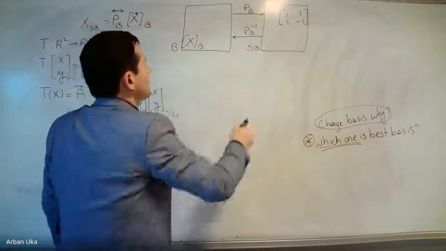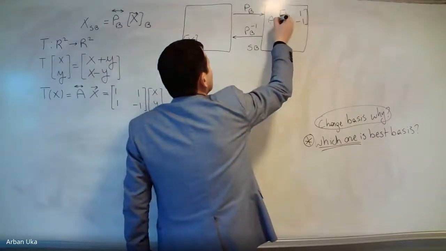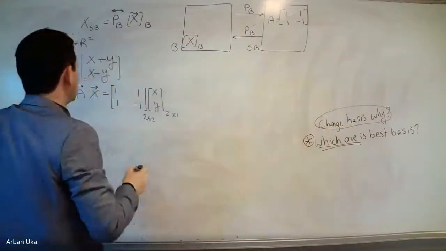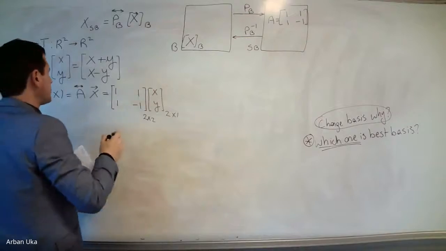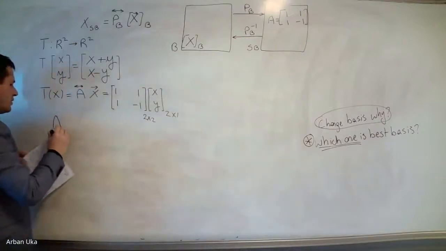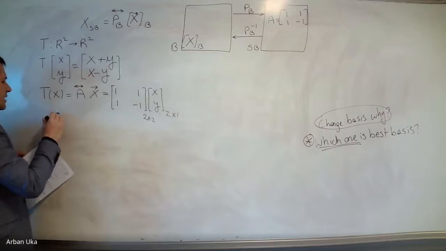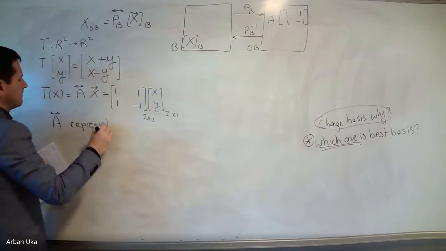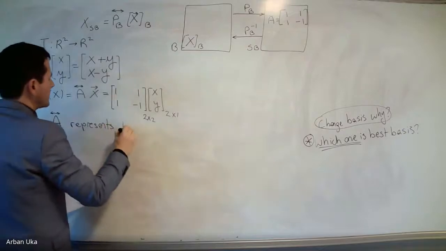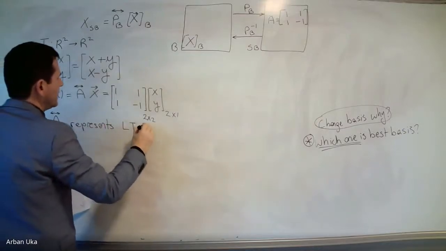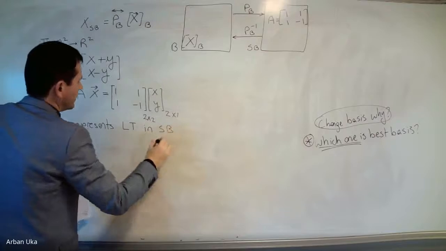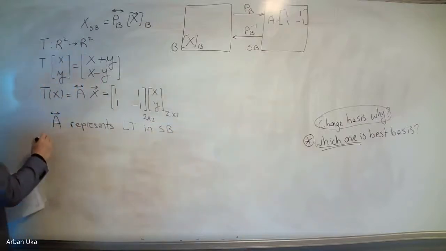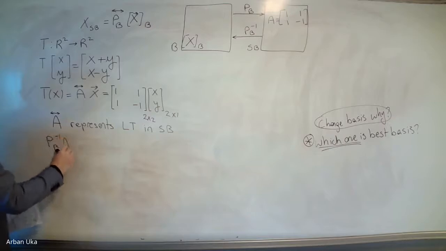And here we have the matrix A. In principle, matrix A represents the linear transformation LT in the standard basis. Now, we have another matrix, which is PB inverse times A times PB.